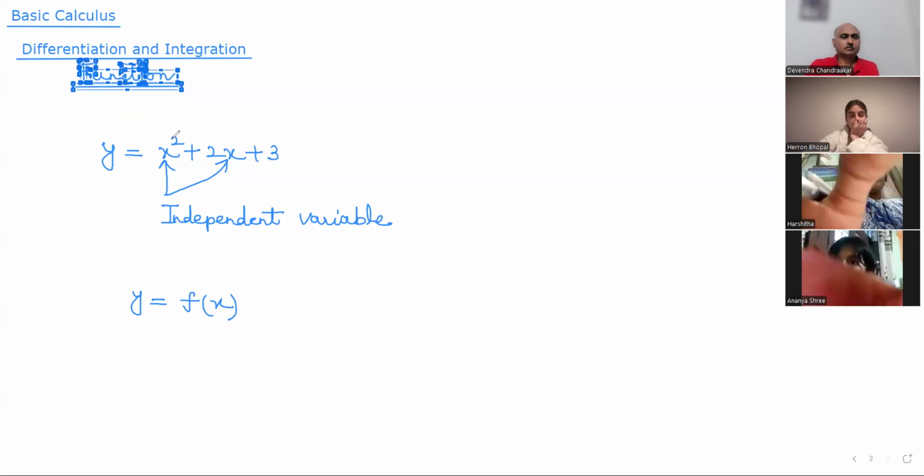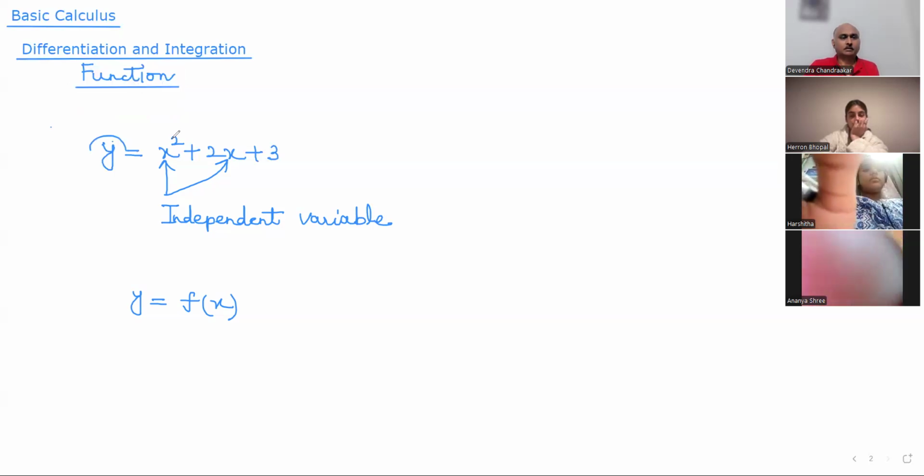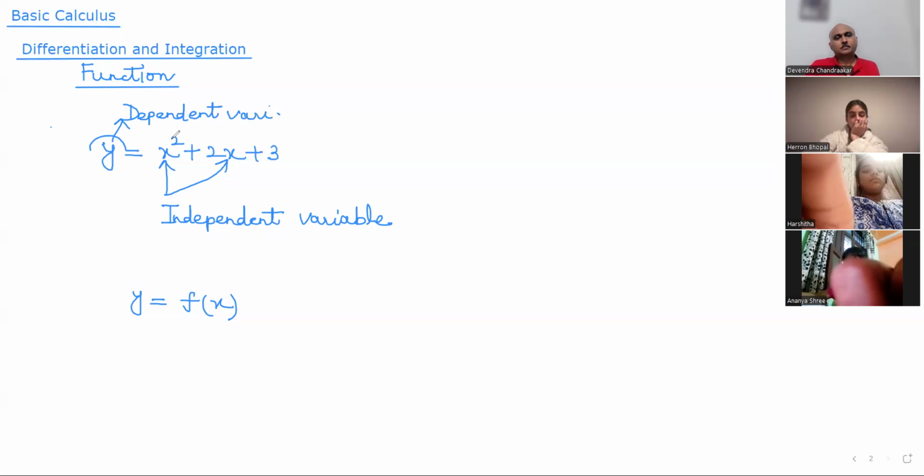Y is a dependent variable, right? And this is how, in short, it is written: y is a function of x. ठीक है?